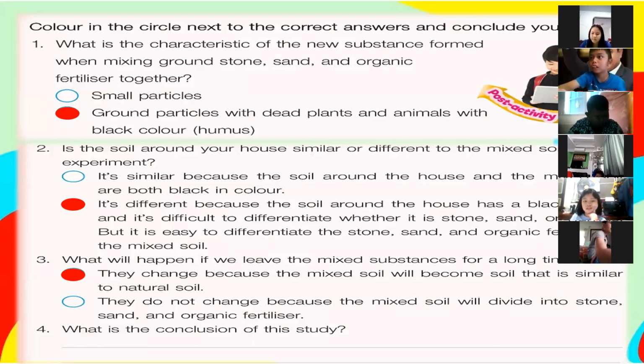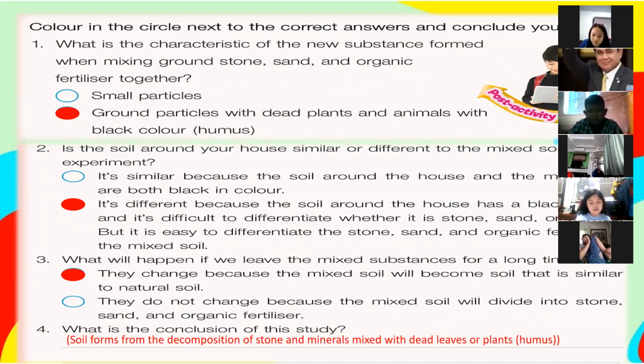All right, students. From all this experiment, what do we conclude of this study? The observation here: soil forms from the decomposition of stones and minerals mixed with dead leaves or plants, humus. This is what we conclude from this experiment.